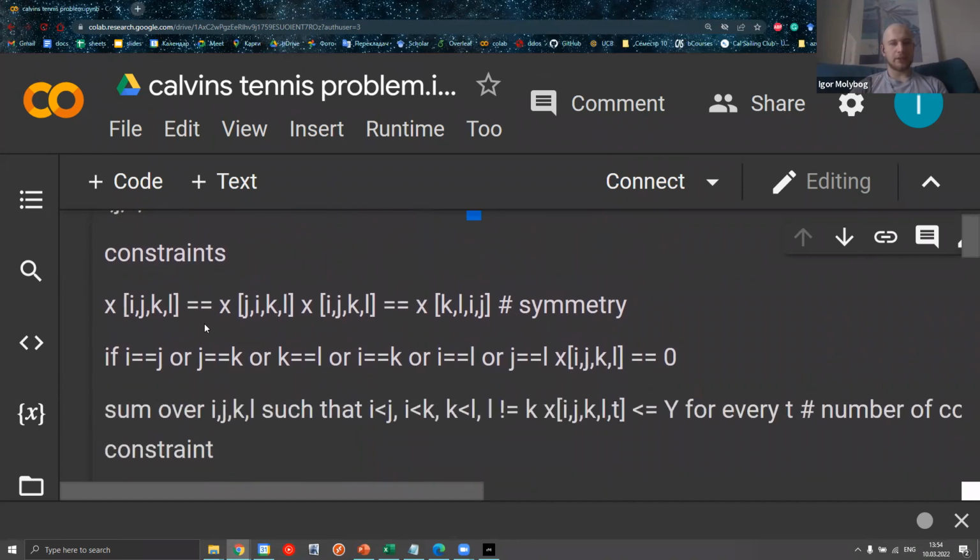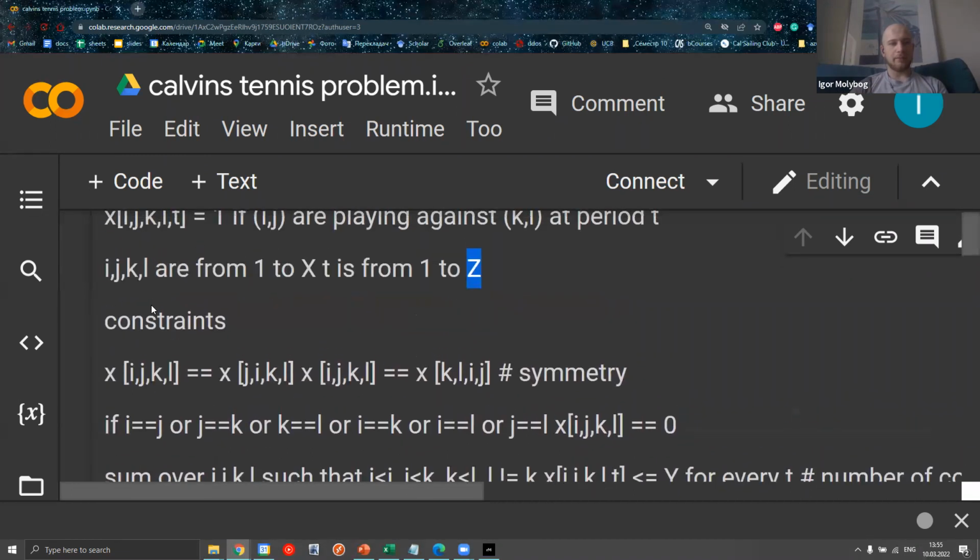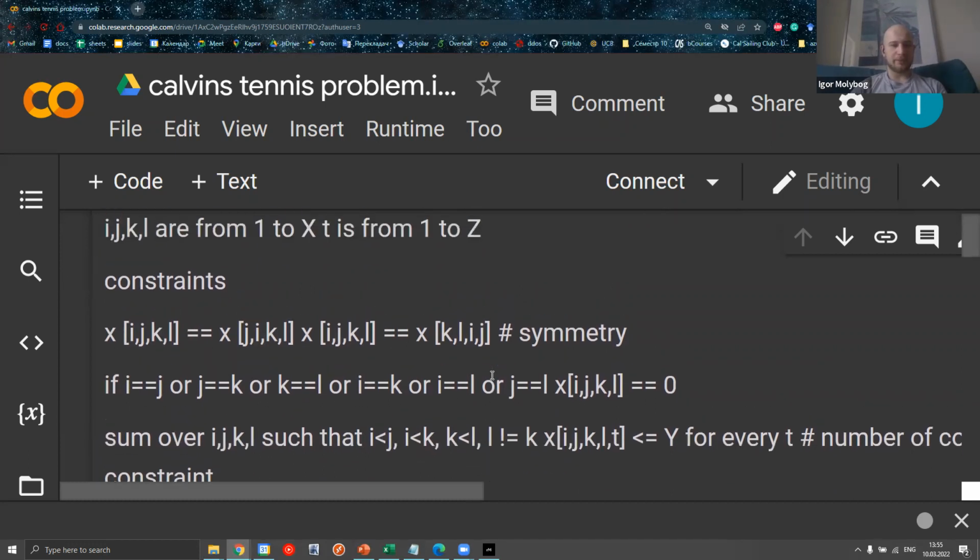The constraints are saying that, first of all, we need to make sure that there is symmetry, right? That x_ijkl is equal to x_jikl, and also x_ijkl is equal to x_klij. So it's the first thing.